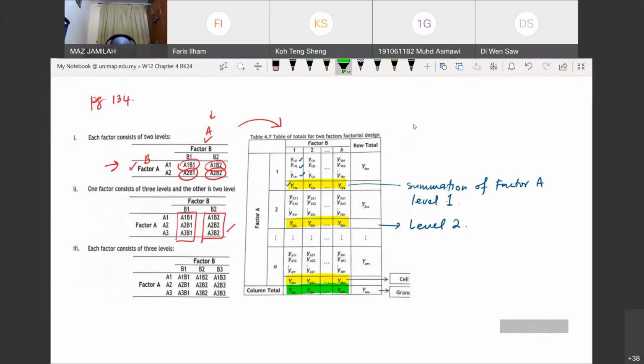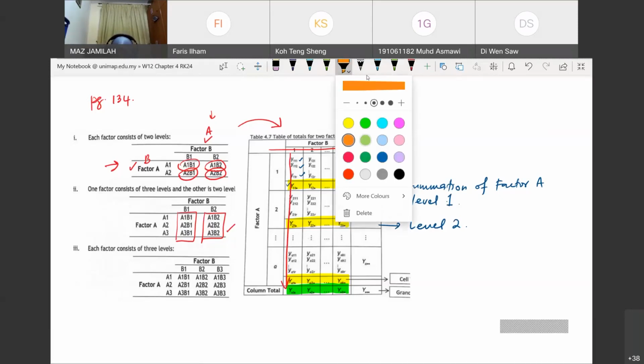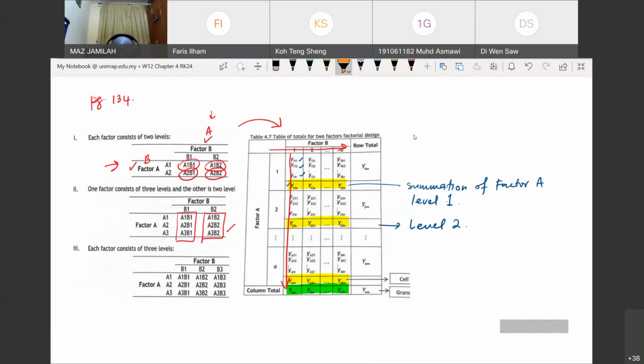Just now you did it this way, working column wise. Now we are talking about row wise. So we can have our row total, sorry. This will be your first row, second row, third row, up to the a-th row.